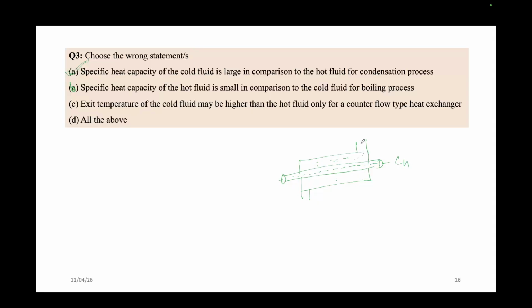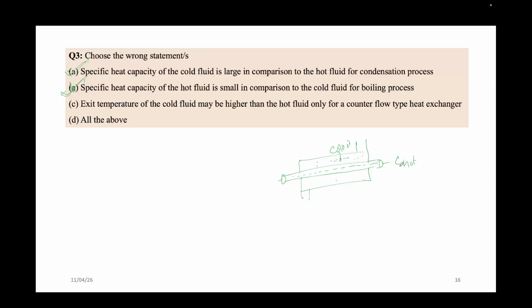So boiling is happening, but here it is your cold side. Compared to this side, it is the cold side. So if the hot side Ch is higher than this one, then only boiling will happen. Because we know that boiling takes place if the surface temperature is more than the liquid temperature.